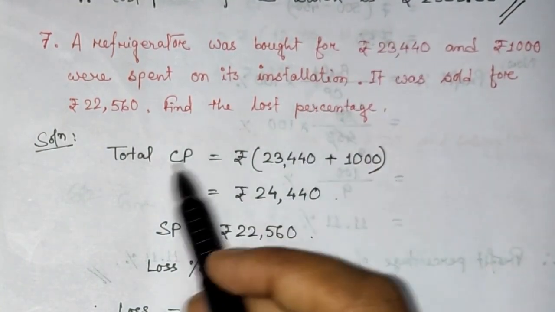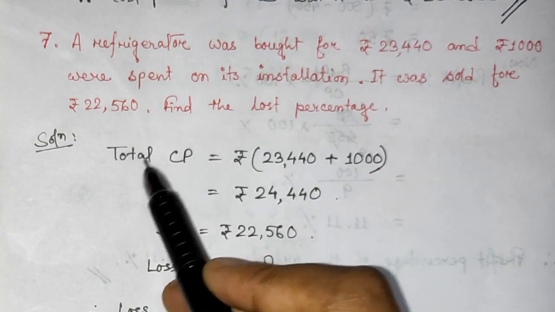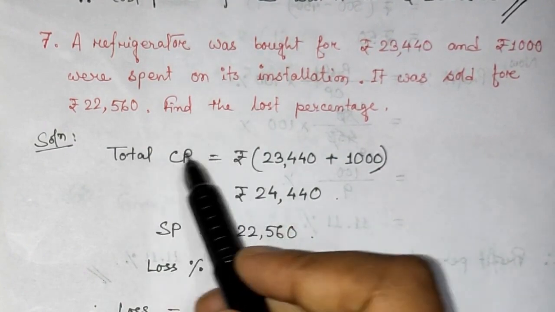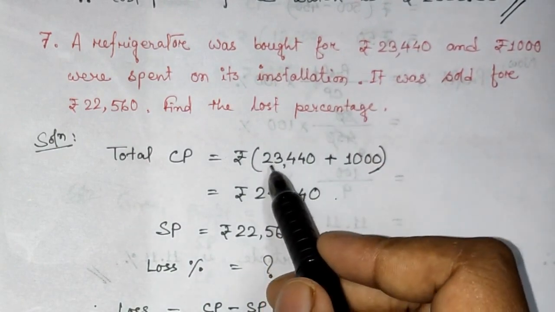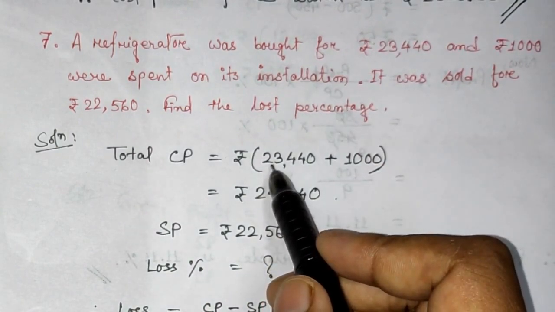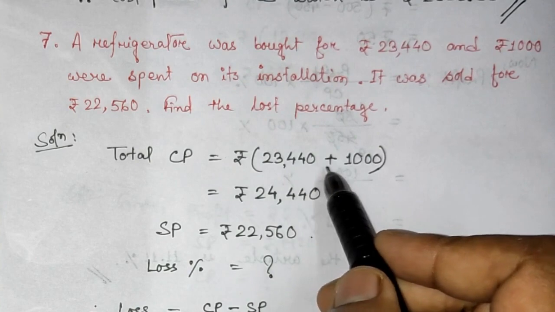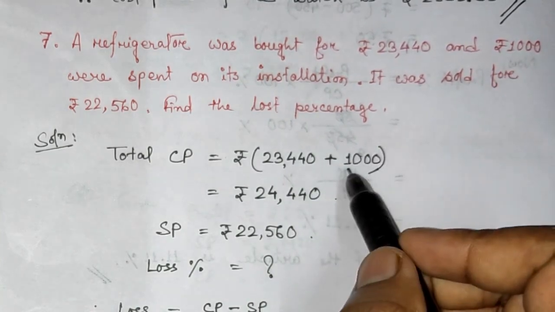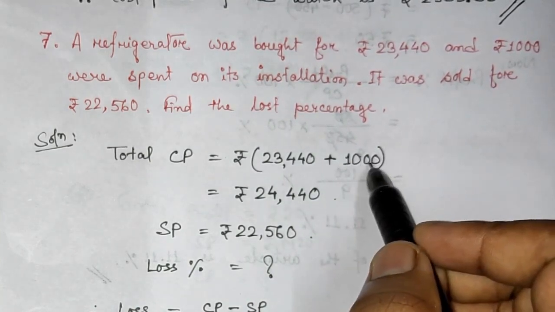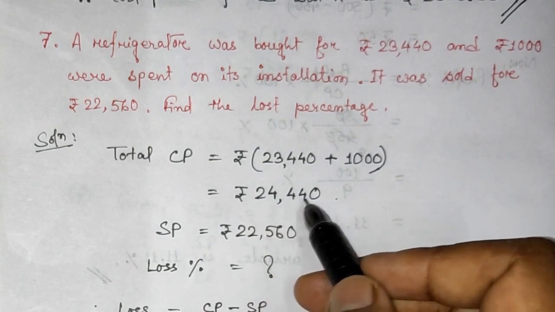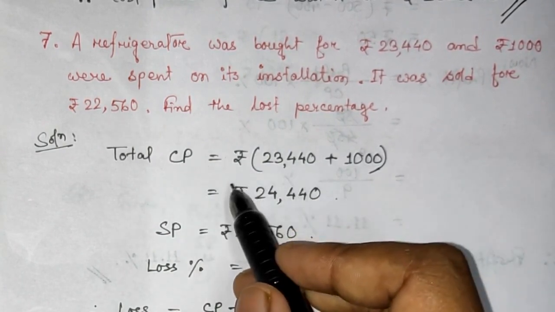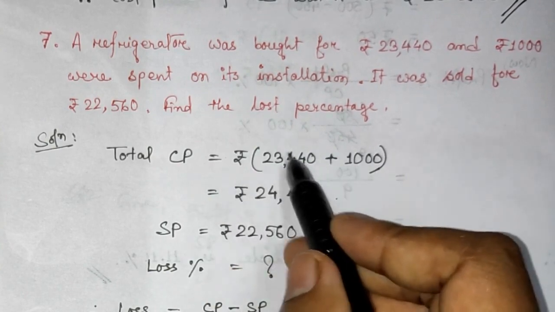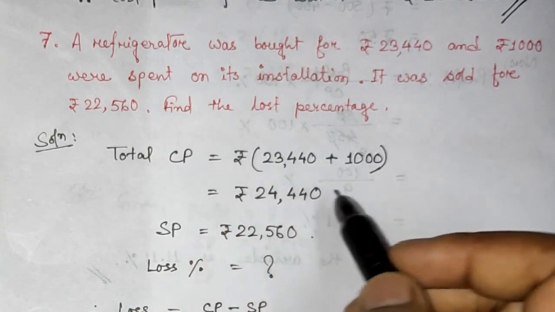So first write: total CP, total cost price. The original cost price is 23,440 plus installation cost, that is 1000. Add them, we will get 24,440. This is our overhead expense plus cost price, that is total CP.